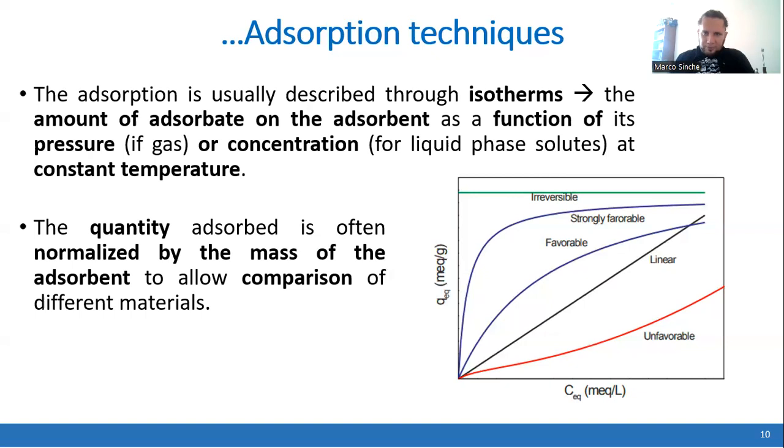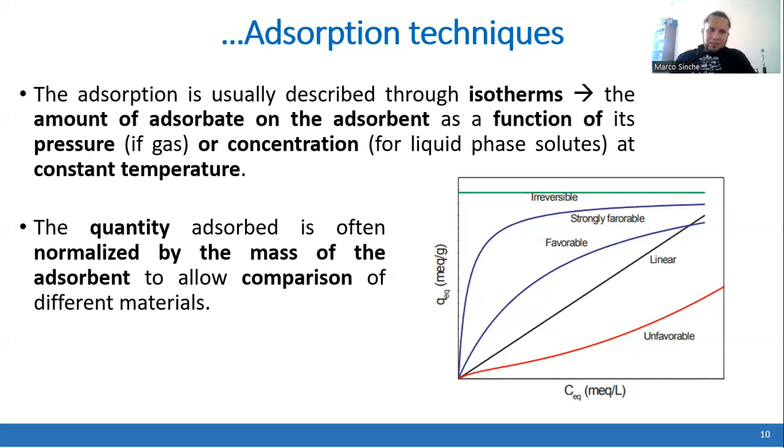So in the graph, it is possible to see how this works. In some cases, the adsorption is very strong, so it corresponds to an irreversible process commonly associated with chemisorption. But regarding physisorption, the adsorption could be strongly favorable, linear, or unfavorable, in which case it is related to very weak bonds.